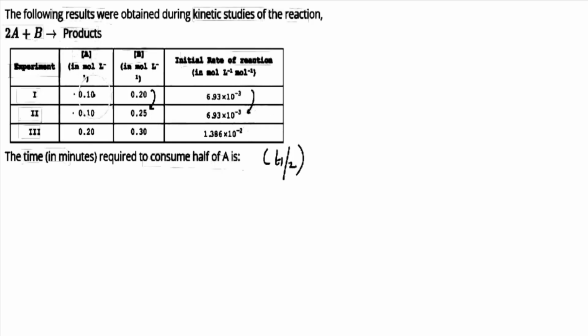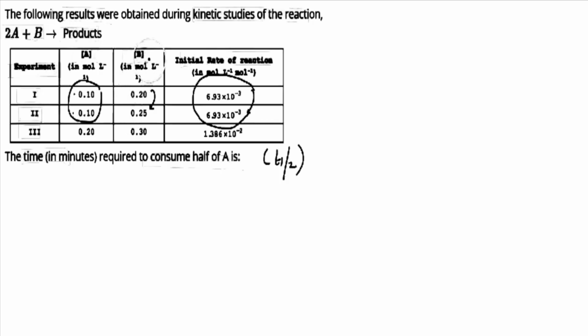It means that when the concentration of A is constant, the rate is also constant. It means that changing the concentration of B has no effect on the rate, which means that the order of the reaction with respect to B is going to be 0, because we are increasing the concentration, but it is not affecting the rate.